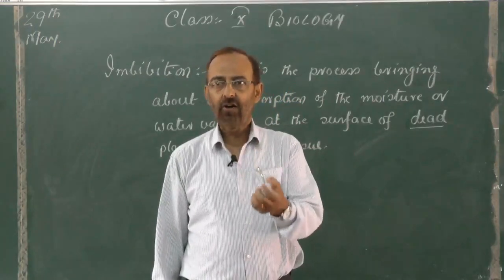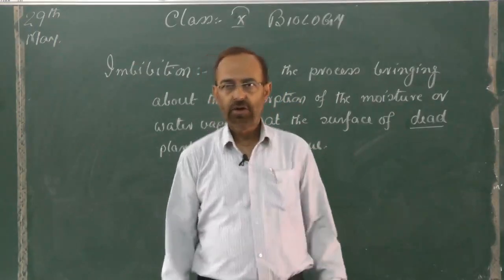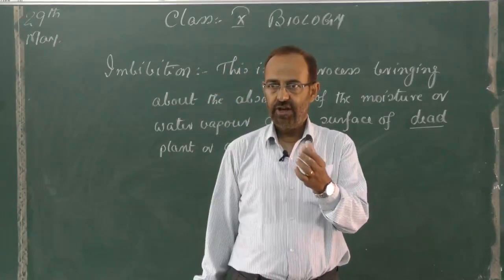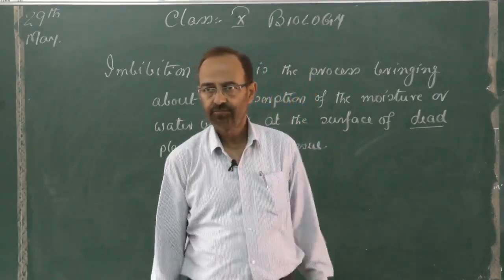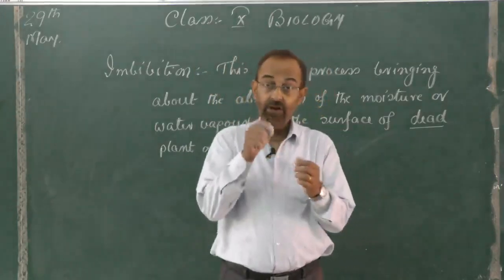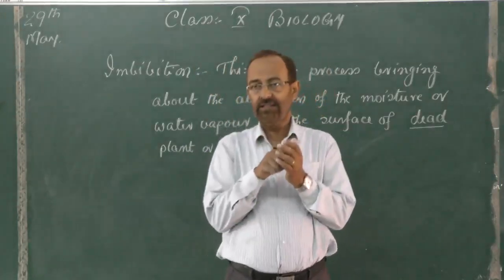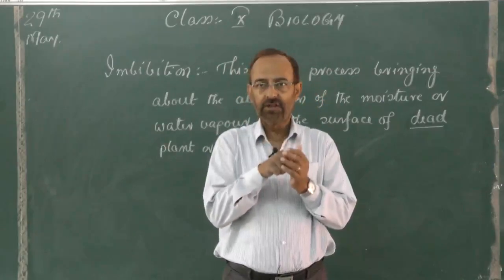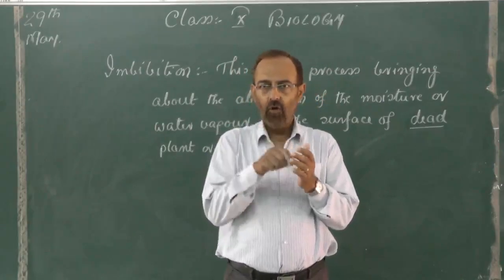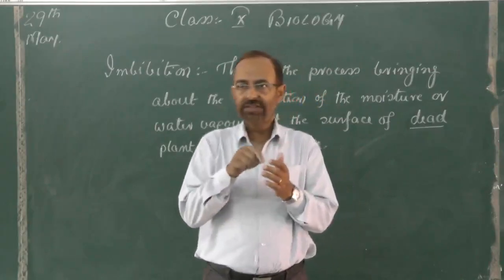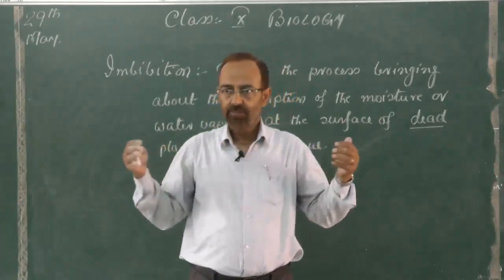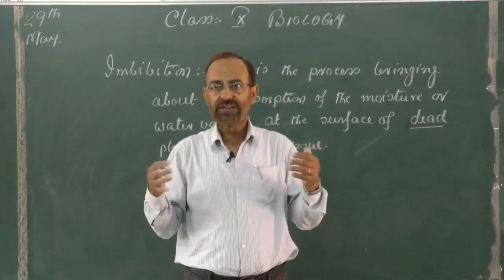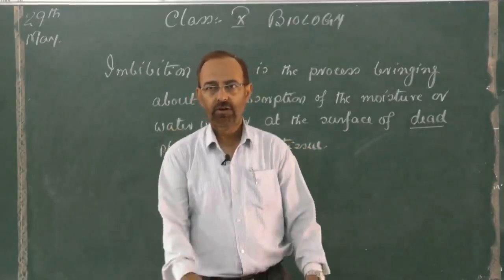The dry cells of the embryo become turgid, and then it starts its biological activity. But the embryo is present inside the seed, in the inner part of the seed. Clear? The water can reach the living cells of the embryo only after moving through the seed coat and cotyledon.